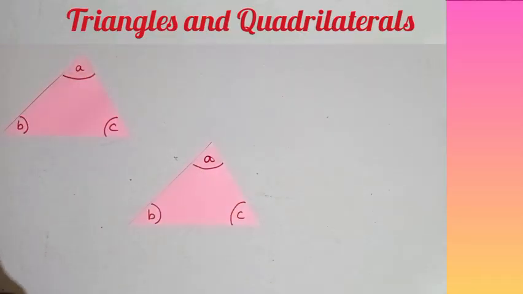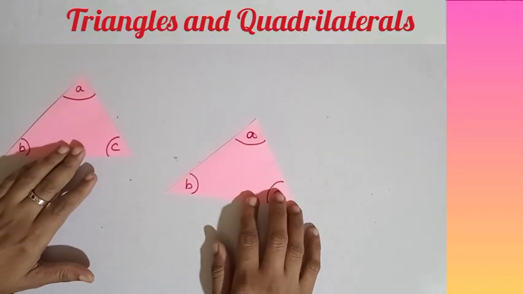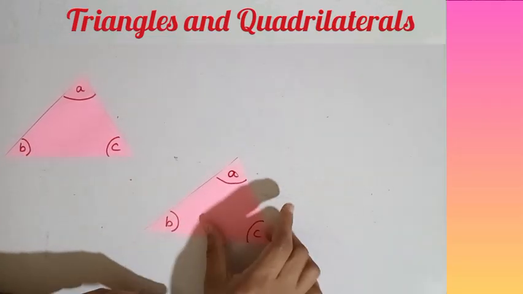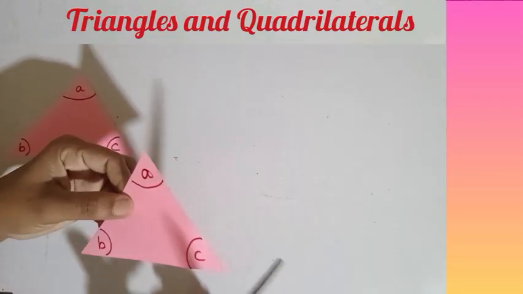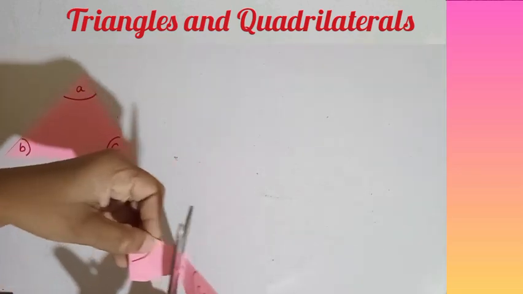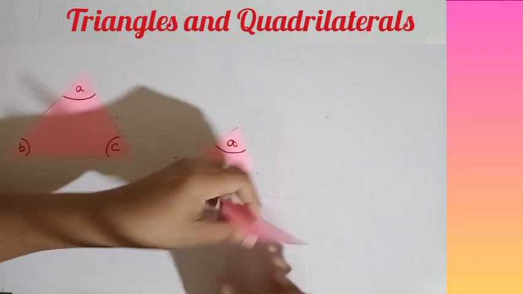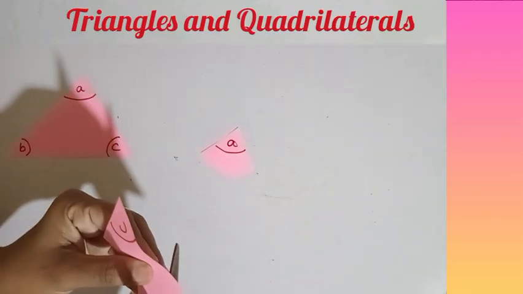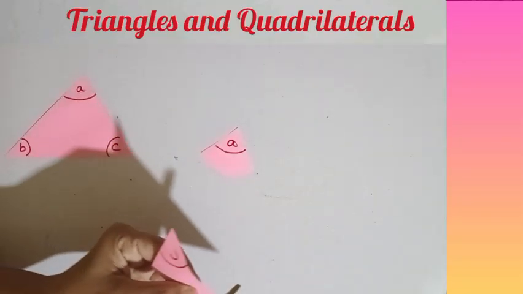Then let's keep one triangle aside and the other triangle I'll cut the three interior angles by using a scissor in this way. The three interior angles are A, B and C.